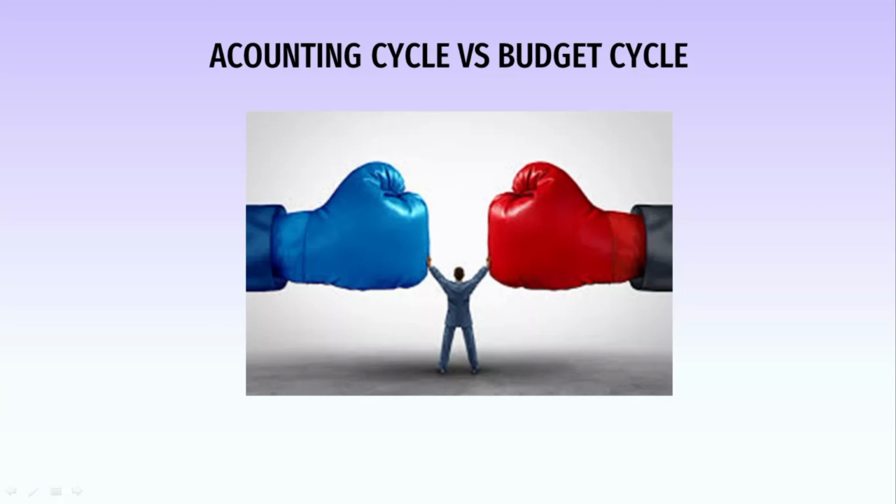Another way to differentiate between these terms is to consider the accounting cycle as part of a process that allows a company to share its financial documents with external stakeholders, whereas the budget cycle is part of a process used internally among company officials to determine the costs associated with future company activities.